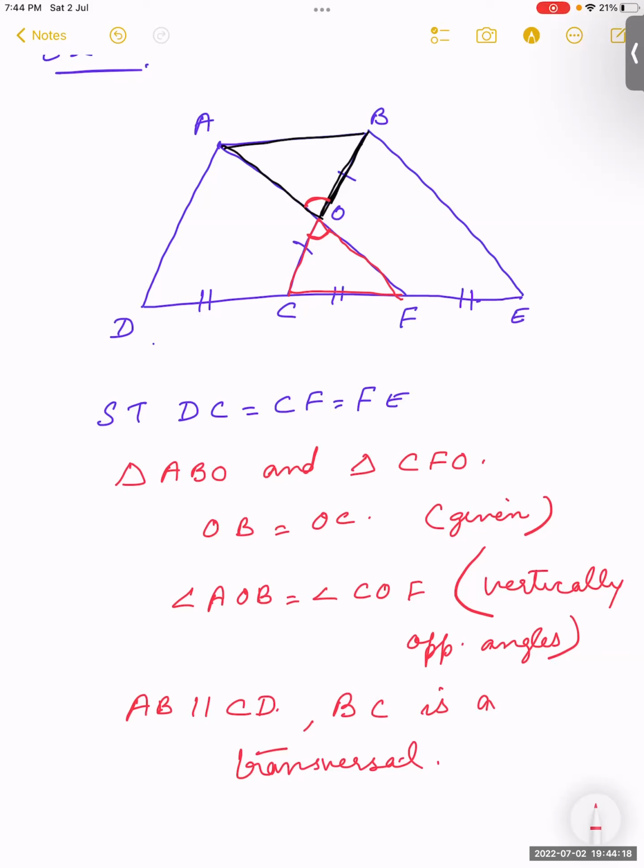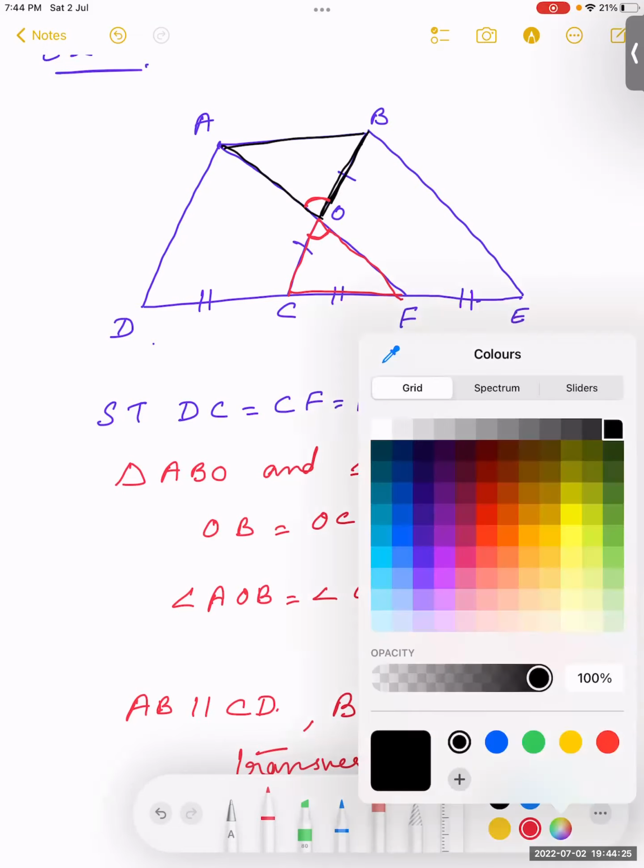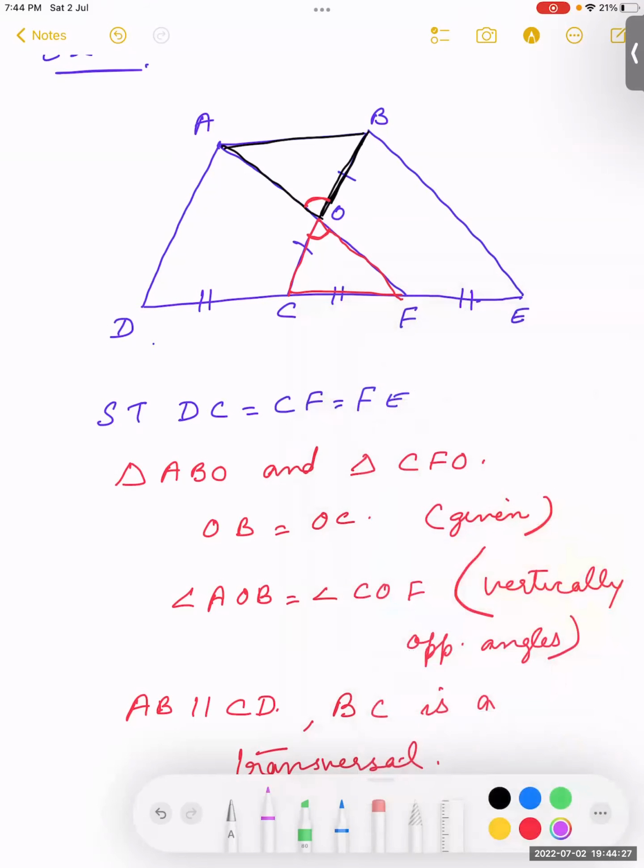In that case, if it is a transversal, don't you think this angle will be equal to this angle? Yes or no? Shreya, Vidat, all of you are with me? Yes, ma'am.